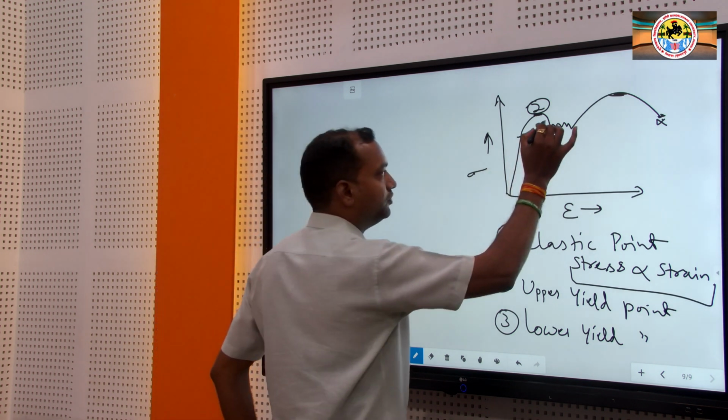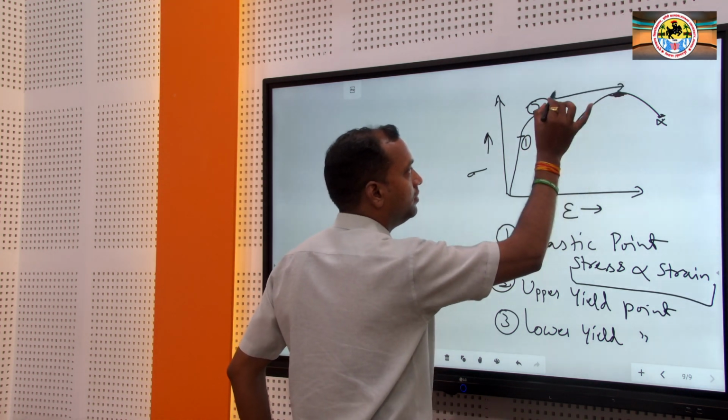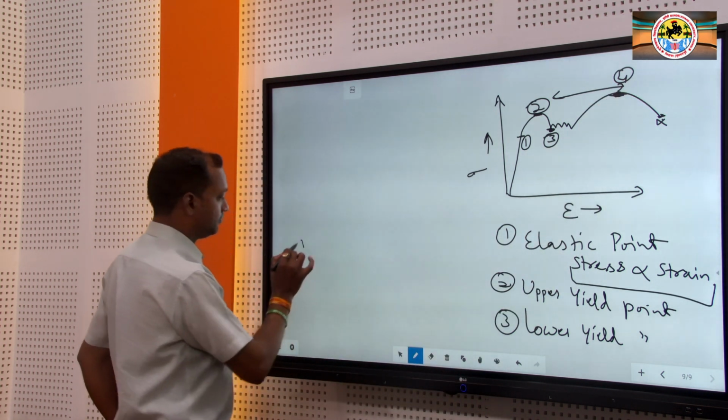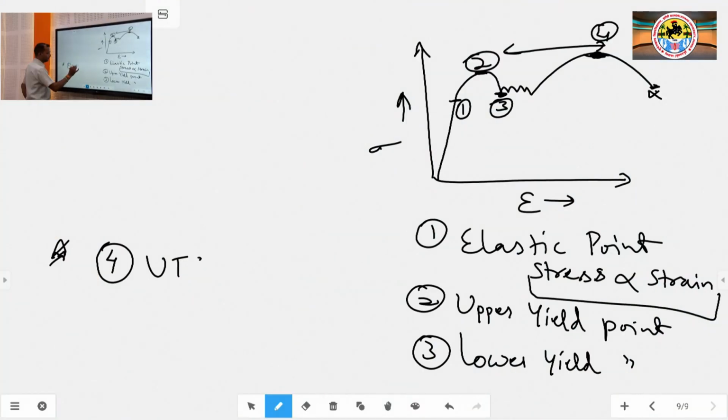So from point number 3 to point number 4, which is known as UTS, ultimate tensile strength, the plastic condition is achieved, meaning we have to work from point number 3 to point number 4 to achieve the final product, right.